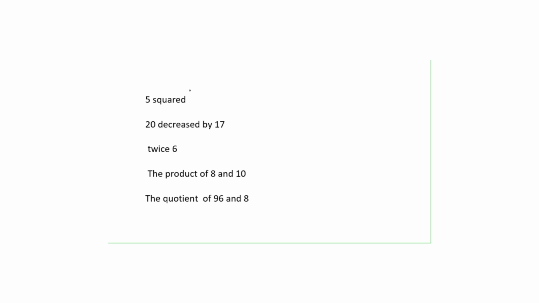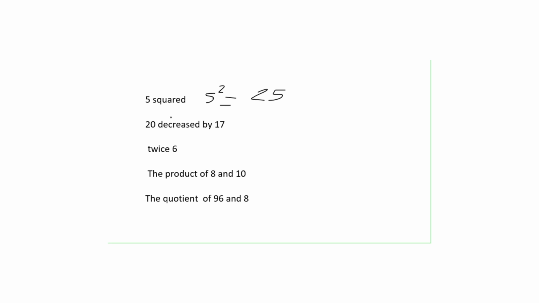Okay, so we're going to evaluate each of these expressions. The first one says 5 squared, and we know that's 5 times 5, so that's 25.